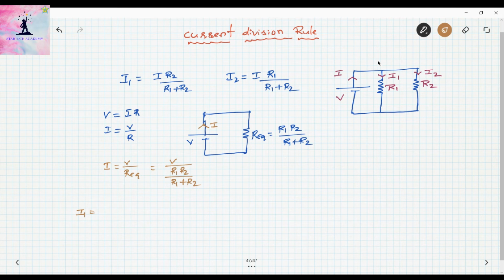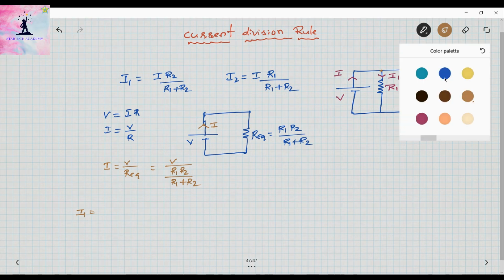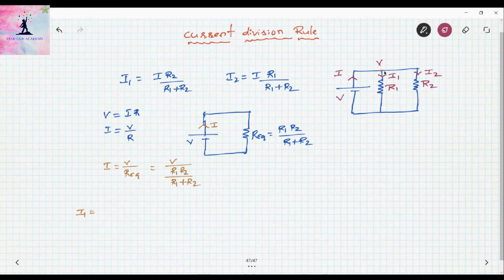From this circuit, here all three elements are connected in parallel. So the voltage across all the elements is the same. So the voltage across this element R1 is V and the voltage across element R2 is V. Now what is I1?